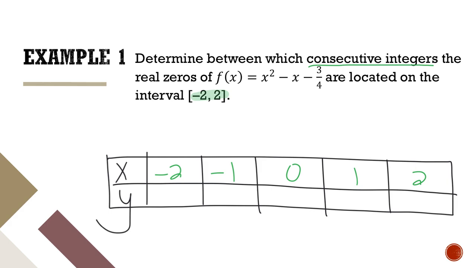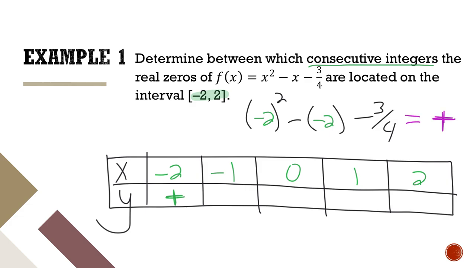If I plug in -2 to this function, x squared minus x minus 3/4, this will in fact be positive something. I don't know what that something is, but it's going to be positive, because this will be 4 plus 2, which is 6. 6 minus 3/4, which is 5 1/4 actually.